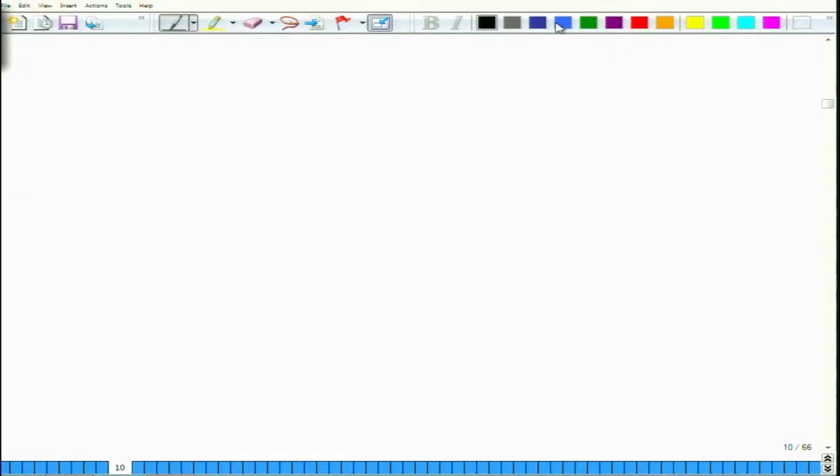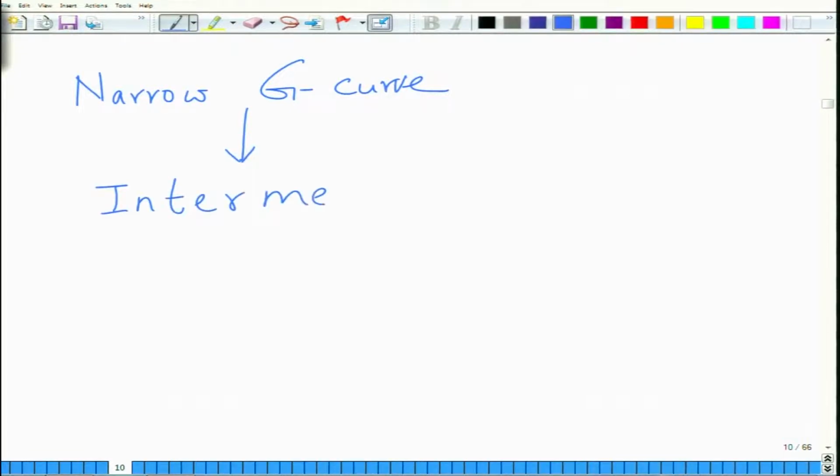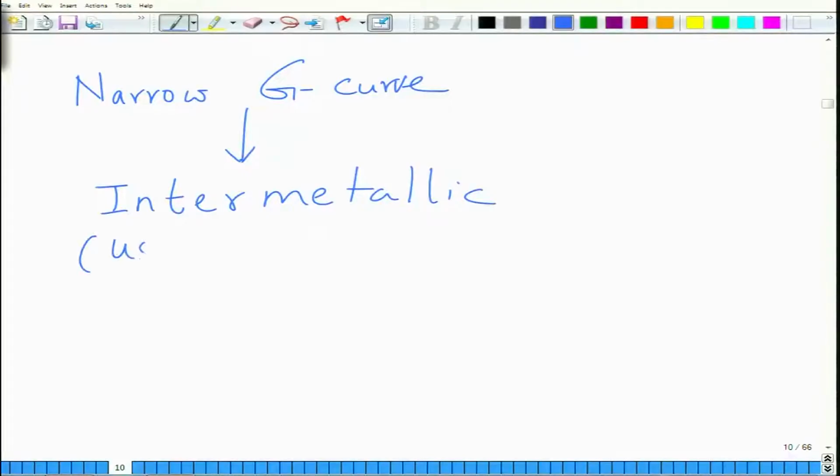So, basically a narrow G curve signifies a phase called intermetallic. Intermetallics are compounds typically with partially covalent or partially ionic bonding, as we have seen in the structure of materials module. They are usually stoichiometric, and they have generally a fixed formula.